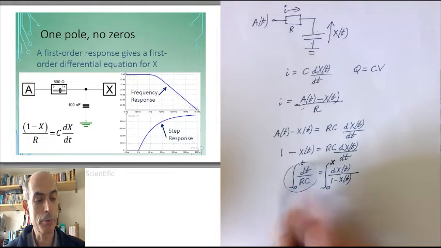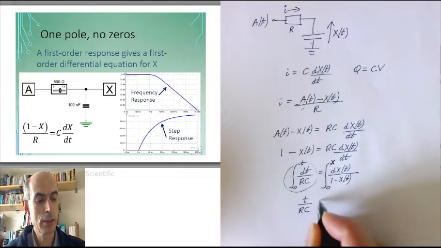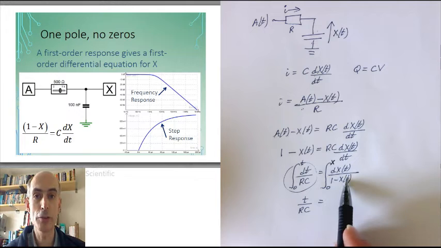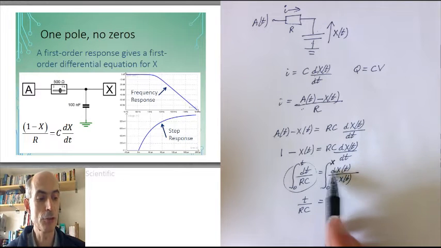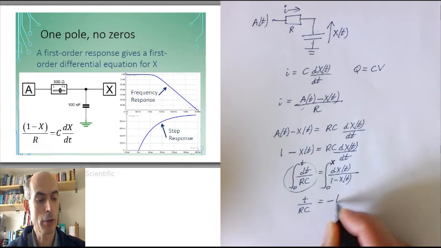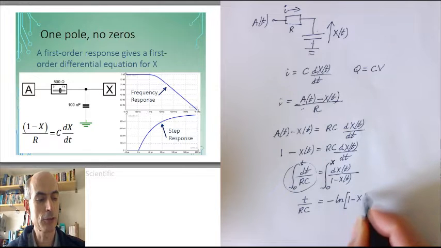Integrating this term up is easy, that's just t over RC. Integrating this term up we can do by noting that the differential of the denominator is minus the numerator of this expression, and therefore the integral of this term has the form of minus the natural logarithm of 1 minus X of t.